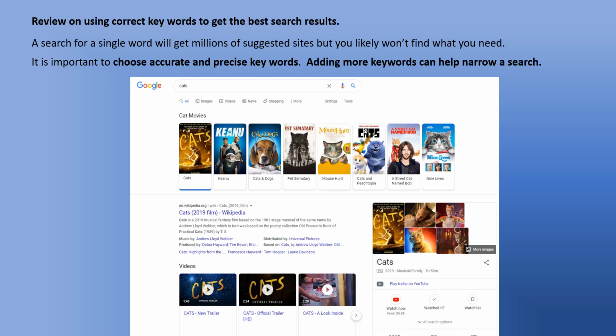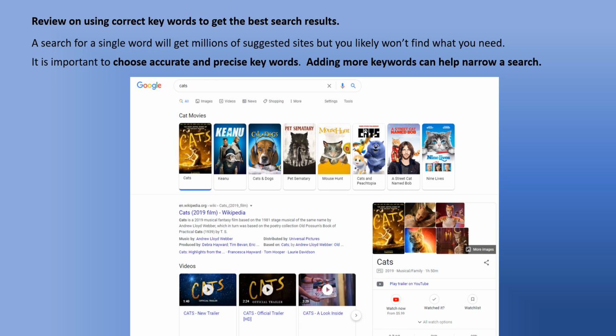If you were to just go right to Google and just type in the word cats, you would get a lot of information. So a search for a single word will get millions of suggested sites, but you likely won't find what you need.